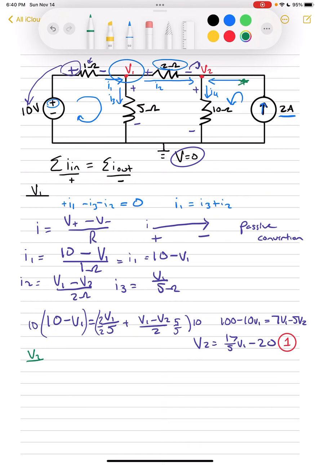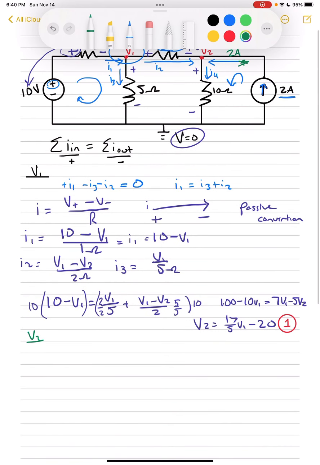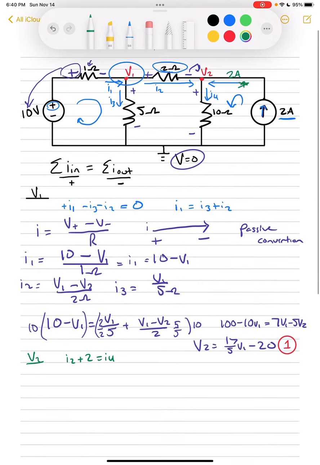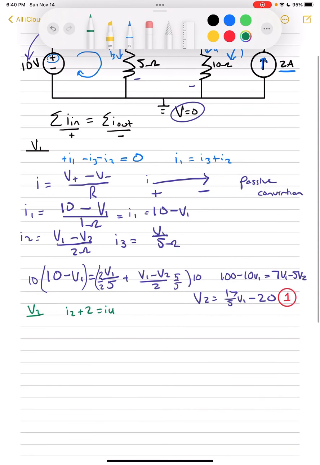So we can see that this is just 2 amps here, and this equation then becomes I2 plus 2 is equal to I4. Okay, and that's going to be important again once we solve for these currents. Let's look, I2, we already know what that is, but we can just rewrite it.